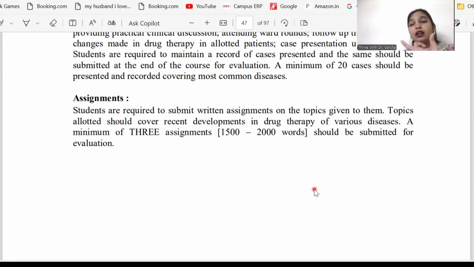As I have already told you, you can refer to research papers, journals present in your library, and sites like ScienceDirect and PubMed to get articles. You have to make assignments of 1500 to 2000 words for each of them.